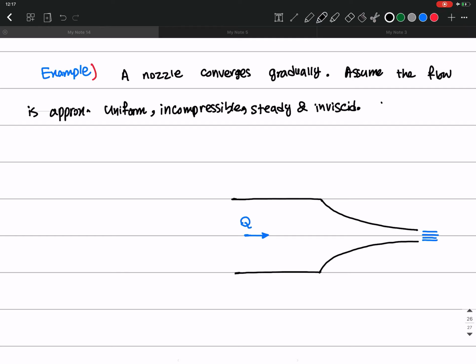Also, gravitational effects are negligible.